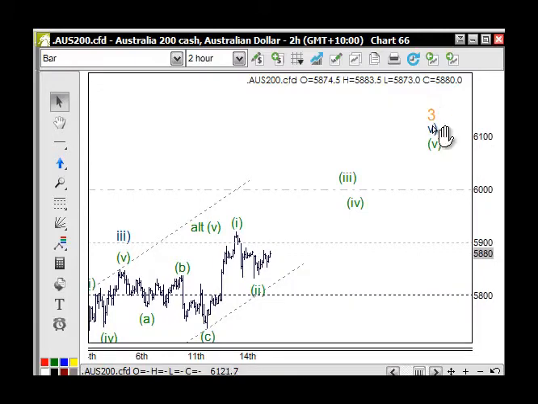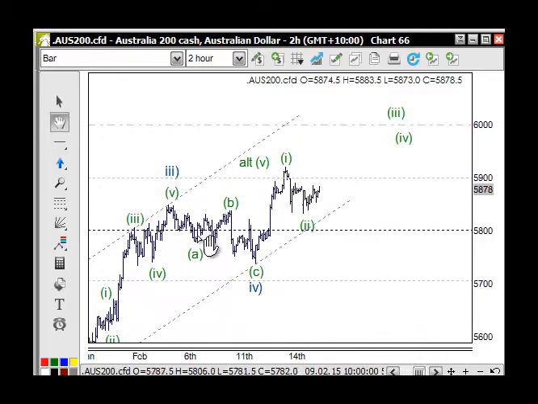So we can have wave 5 of 3 sitting in here like this. But looking at the FTSE pushing higher, then we need to accommodate a move higher as well from this point here. So it is possible that instead of having this as wave 5 here, we could have this as wave 1 and back for wave 2.